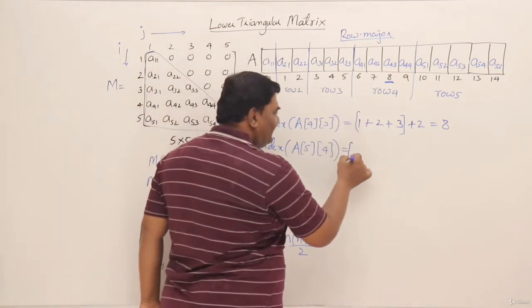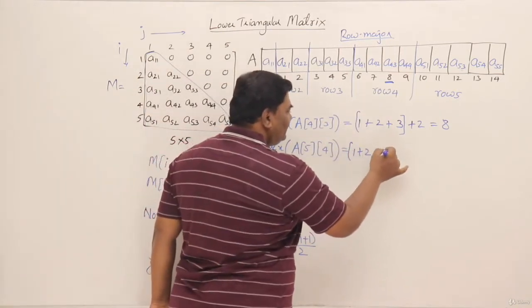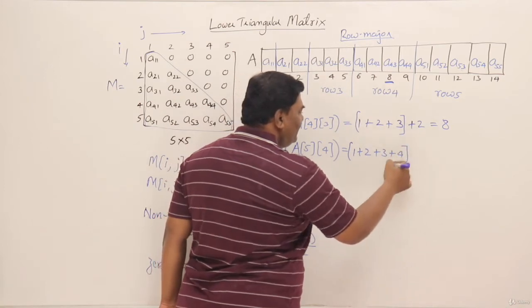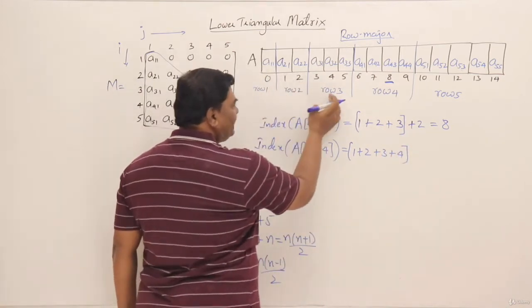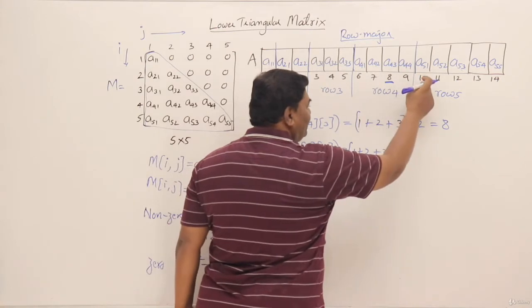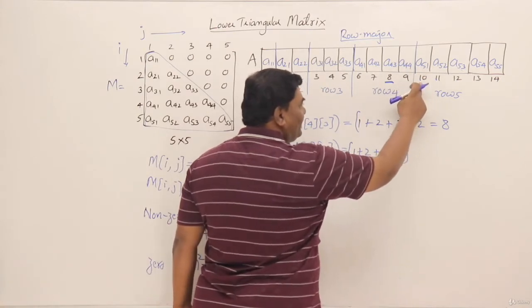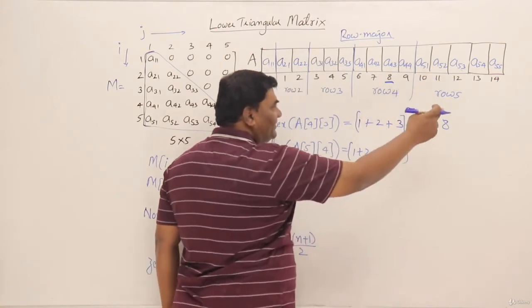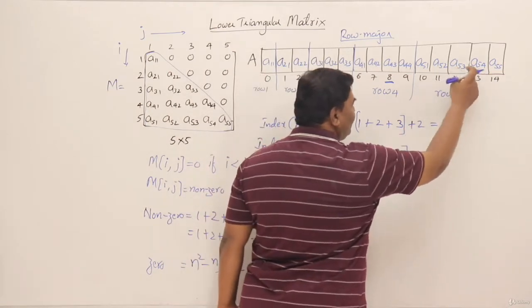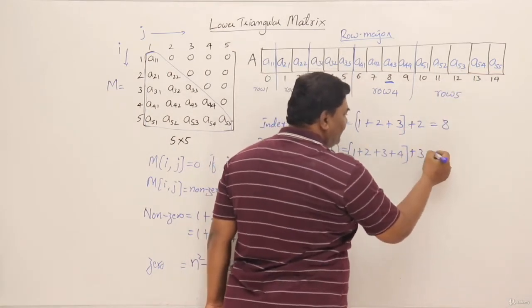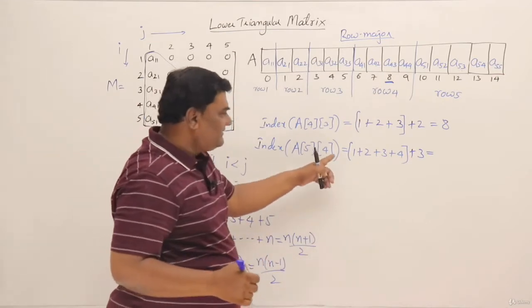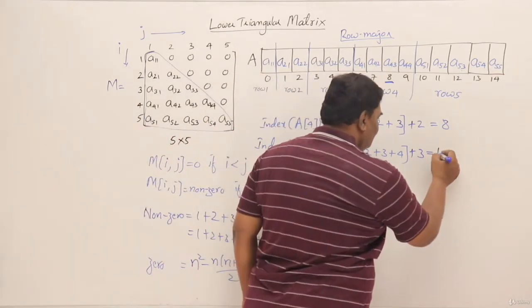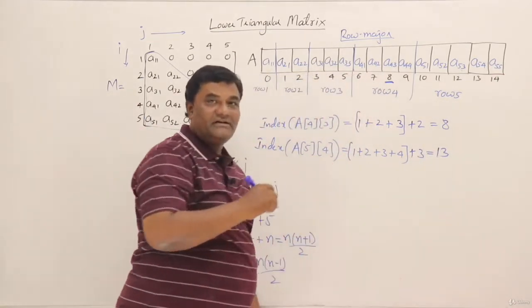First row is having one element and second is 2 and third is 3. Then fourth row is having 4 elements. So I have skipped first row, second row, third row, fourth row. Then I am here in the beginning of this one. Then from here, how many steps I should take to reach 5, 4? 1, 2, 3. So plus 3. If you add this will be 13. So yes, I got the index.